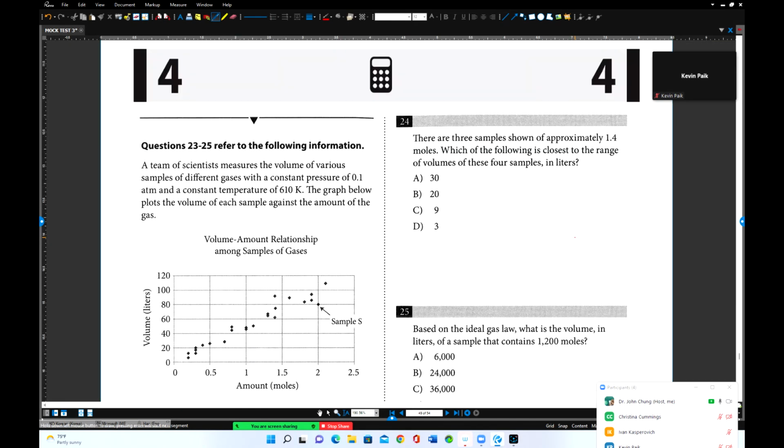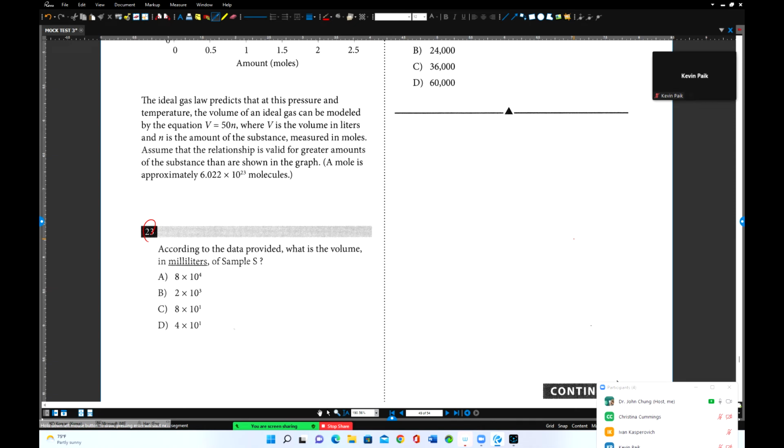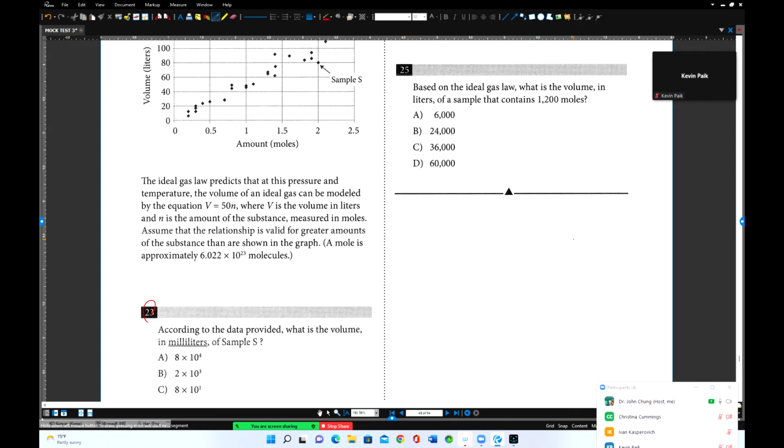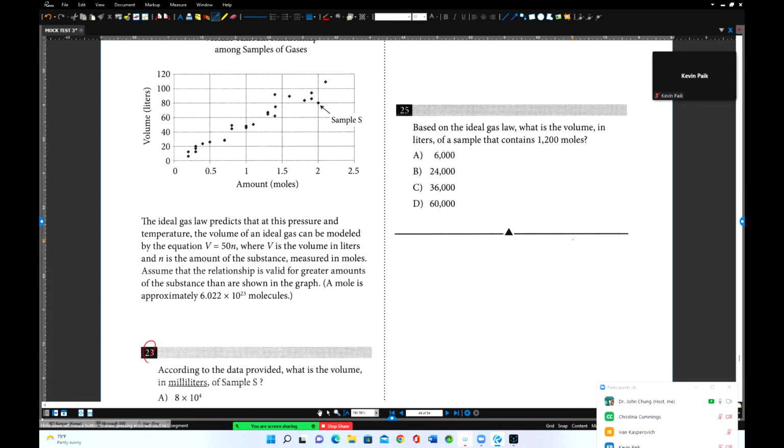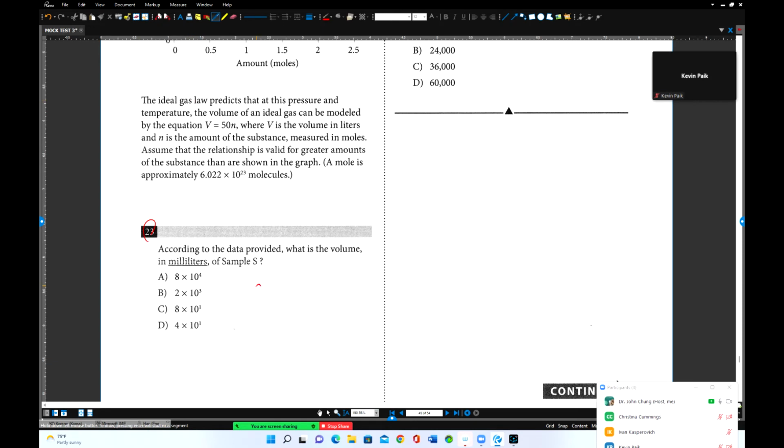Where is the next one? Number 23. According to the data provided, what is the volume in milliliters of sample S? Oh, this is sample S. Volume is what? 80 liters. 1 liter is what? 1,000 milliliters, right?